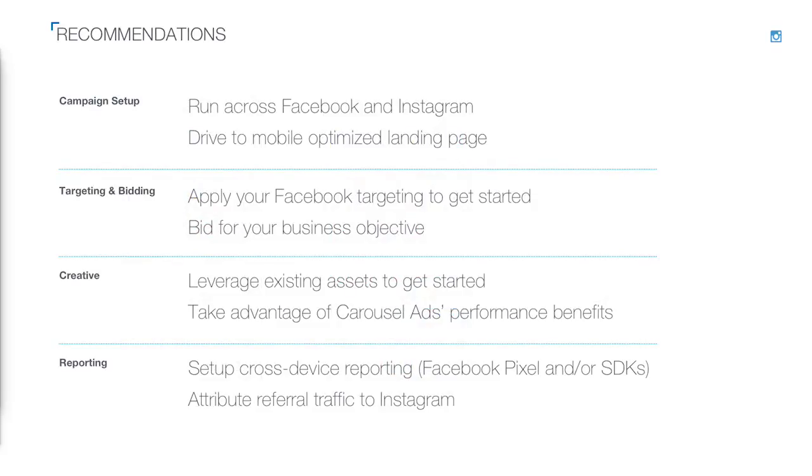So with that in mind, let's take a specific look at some best practices and recommendations we have for everything from campaign setup through to reporting. In terms of campaign setup, if you're looking to get started and drive efficiency, we recommend running across both Facebook and Instagram together. That means including Instagram and Facebook within the same ad set. You may remember we mentioned that there are 400 million active users on Instagram.